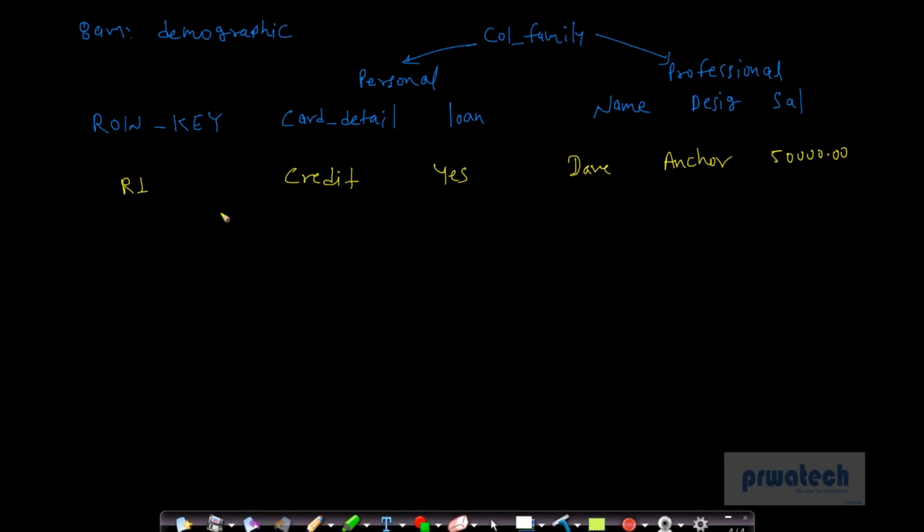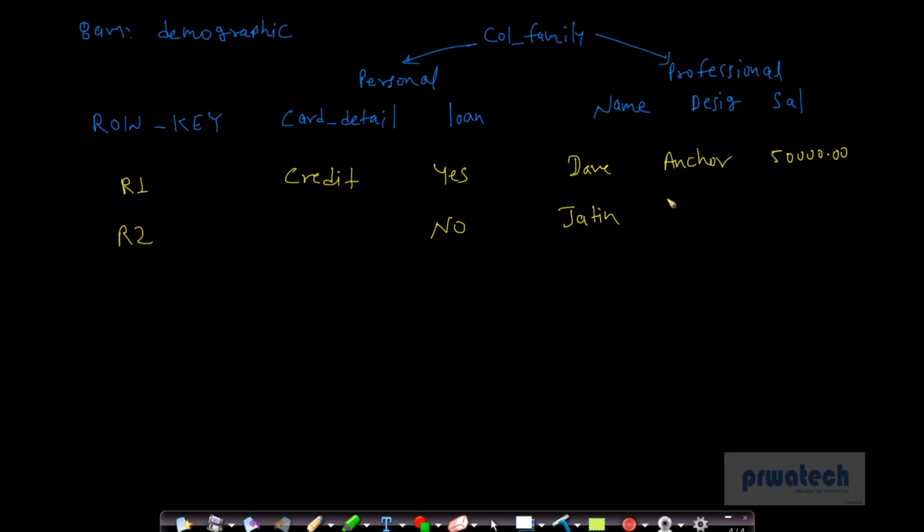Okay. Then similarly, second entry we will write. First we'll write here, then from here we can take it there. Now this time we do not have the card detail, and we just have a loan status. Say we know the status is no, but we don't know about the card detail. Then I'll leave this empty because we do not have any null concept as RDBMS here. Their name is, let's say, Jatin.